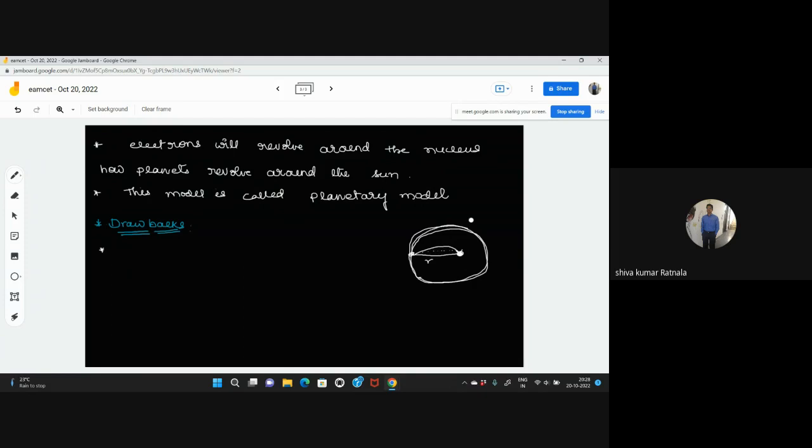If that happened, the atom should collapse, but it is not actually happening. Why? That is also not explained by the theory. That we are going to discuss under the classical laws of physics.